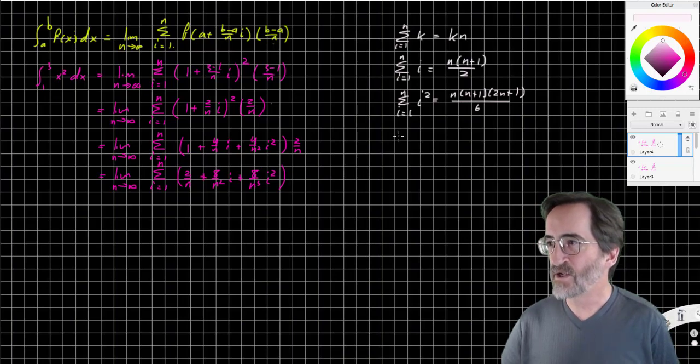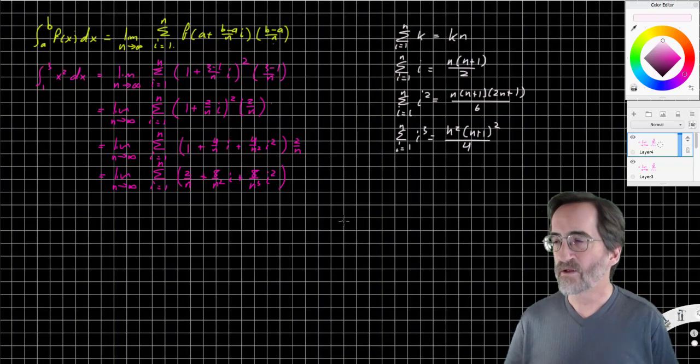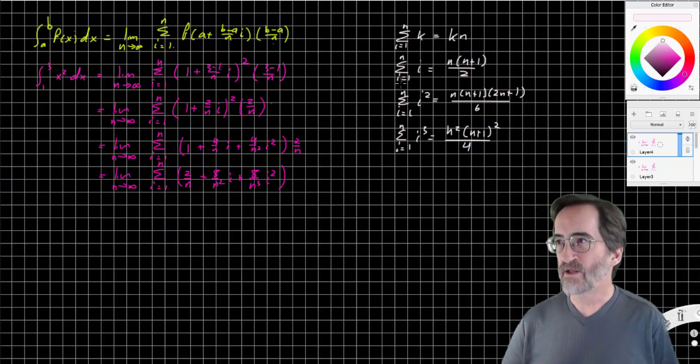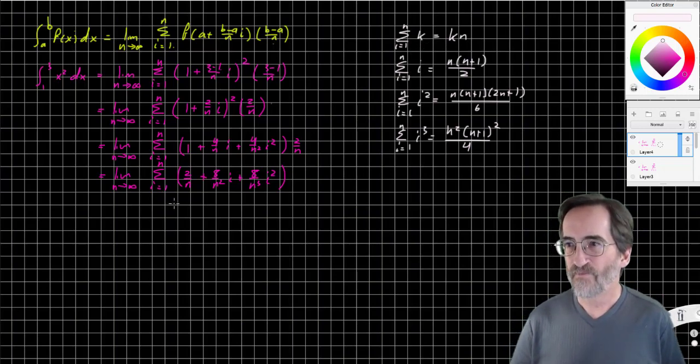And in case you need it, the sum from i equals 1 to n of i cubed is n squared times n plus 1 squared over 4. Okay? All right. And the other thing is that any constant can be factored out.